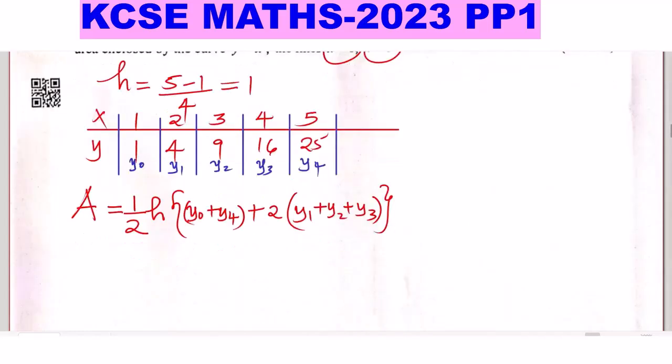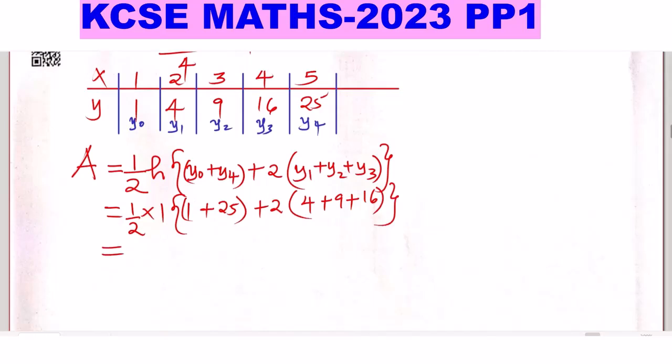So let us substitute them in this formula. We have half times the height, which is 1, then y0 is 1, plus the last, which is 25, plus twice the middles: y1 is 4, y2 is 9, y3 is 16.